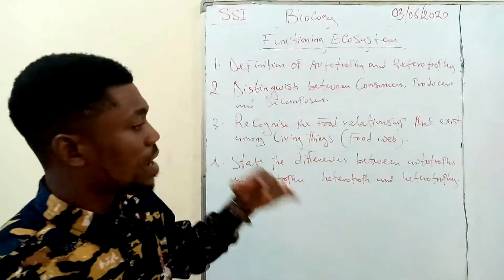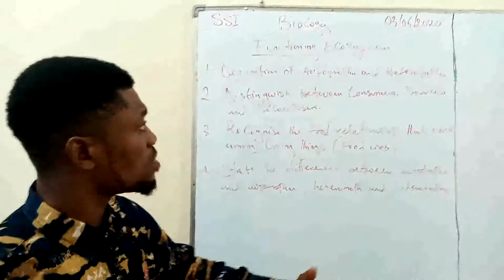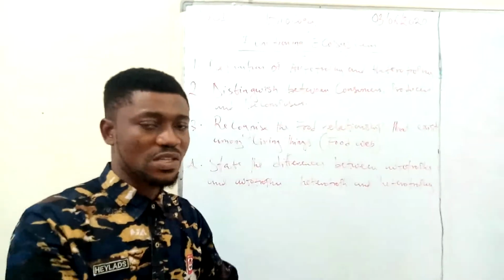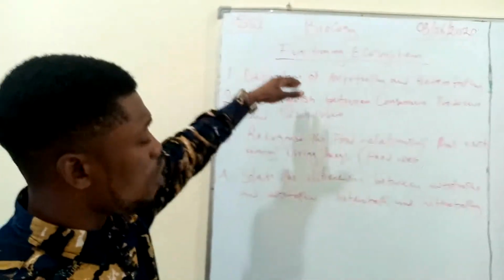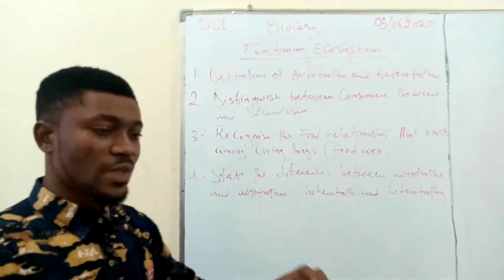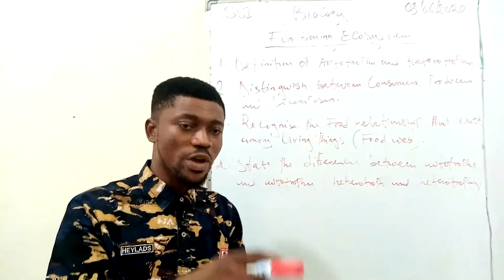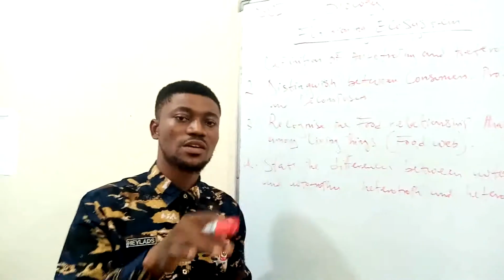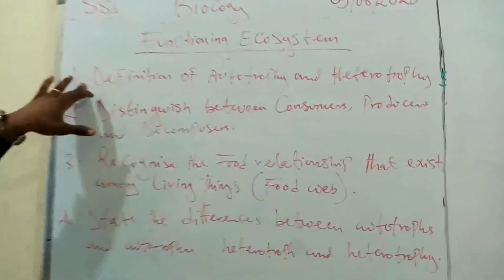So a biological environment that consists of plants and animals which live in a certain physical environment or habitat. So functioning ecosystem means those groups of organisms which effectively can survive or exist in a physical environment.